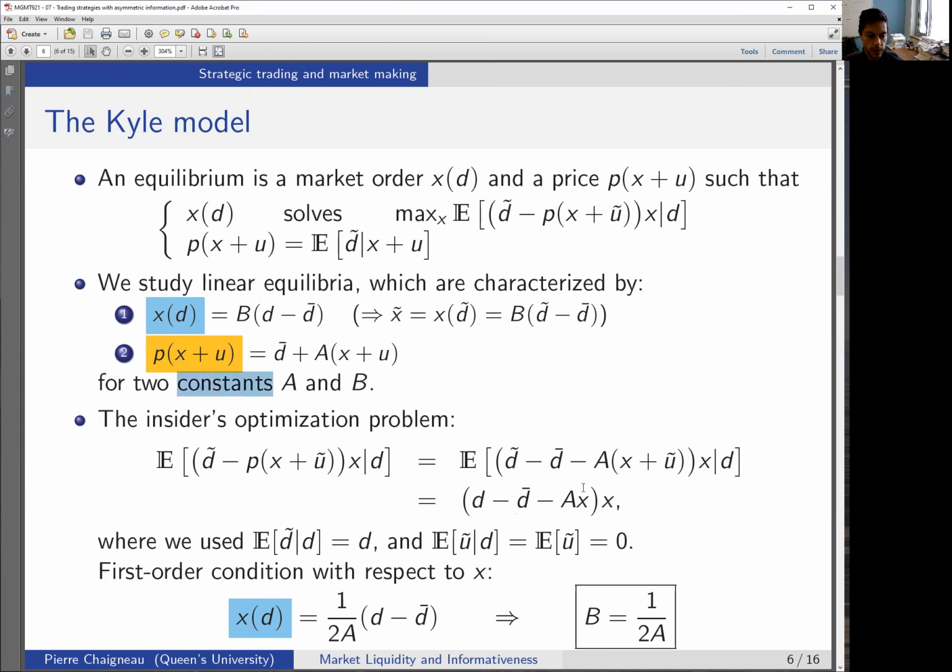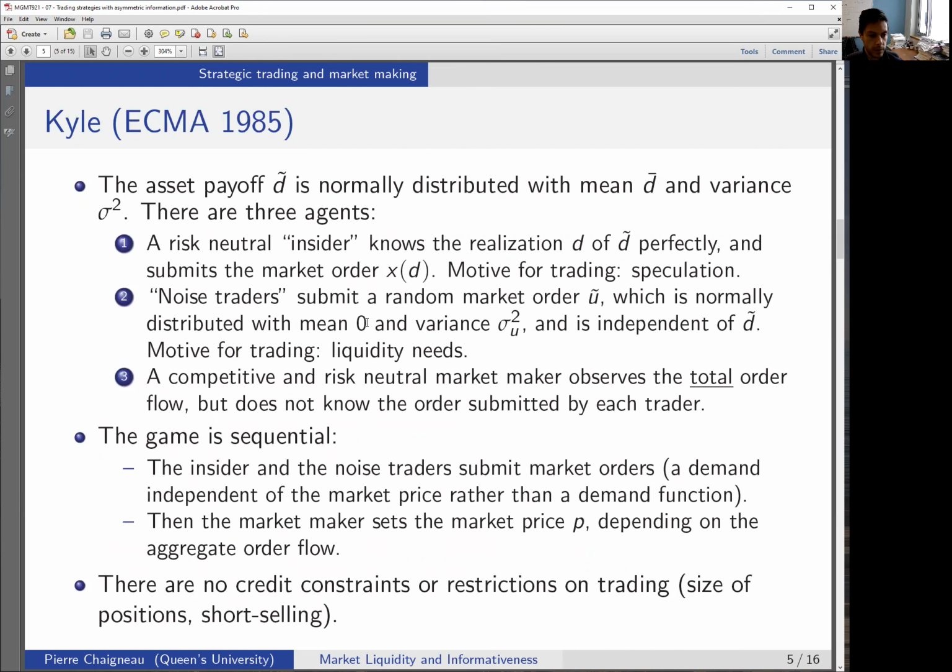A also is a constant. And then I'm going to have the expectation of u tilde conditional on d. So what is that? Because u and d are independent, this is simply the expectation of u tilde, and the expectation of u tilde is equal to 0. And this is what we have here.